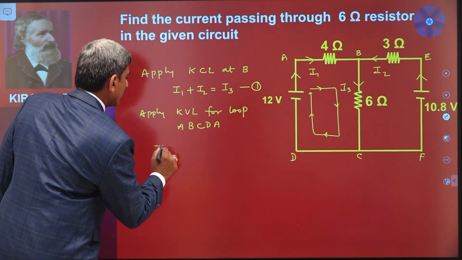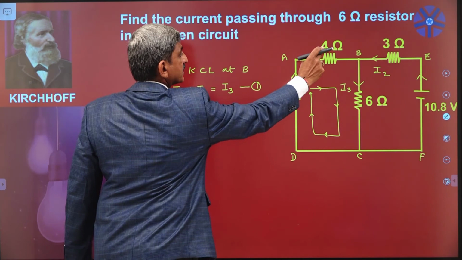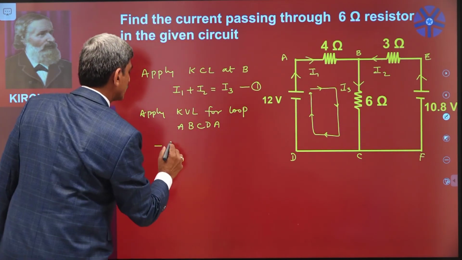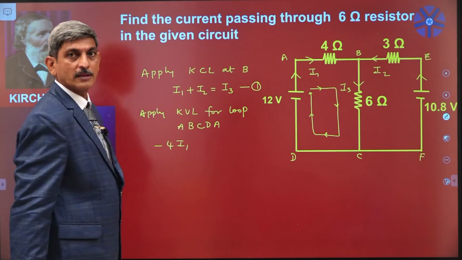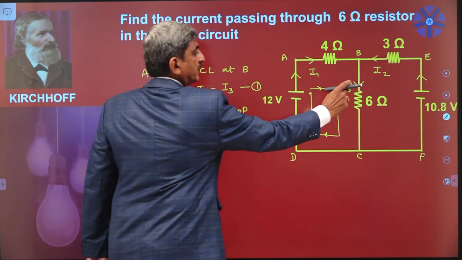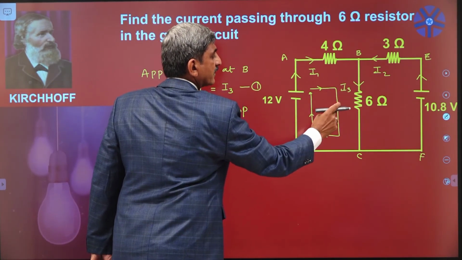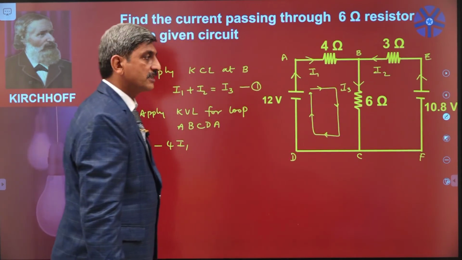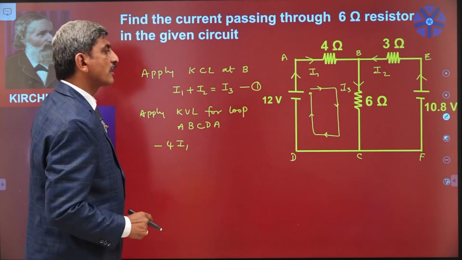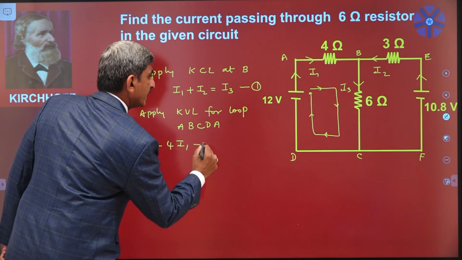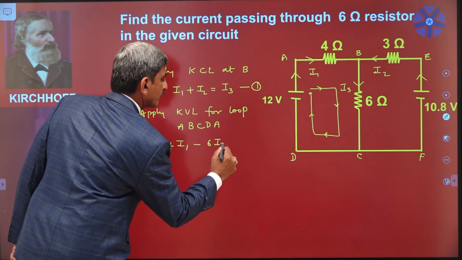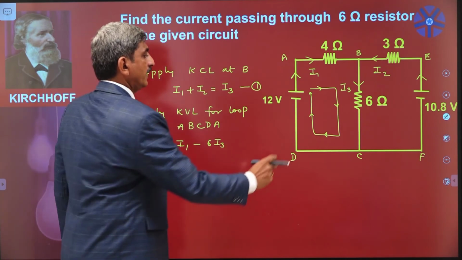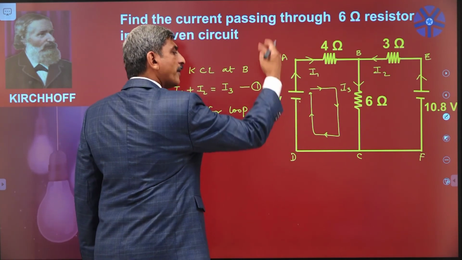So minus the resistance 4, the current I1, so minus 4I1. Next, here also the direction of the current and the direction of the loop are in the same direction, so here also the potential drop is negative, minus 6I3. Here we are moving from the negative terminal to the positive terminal of the battery.